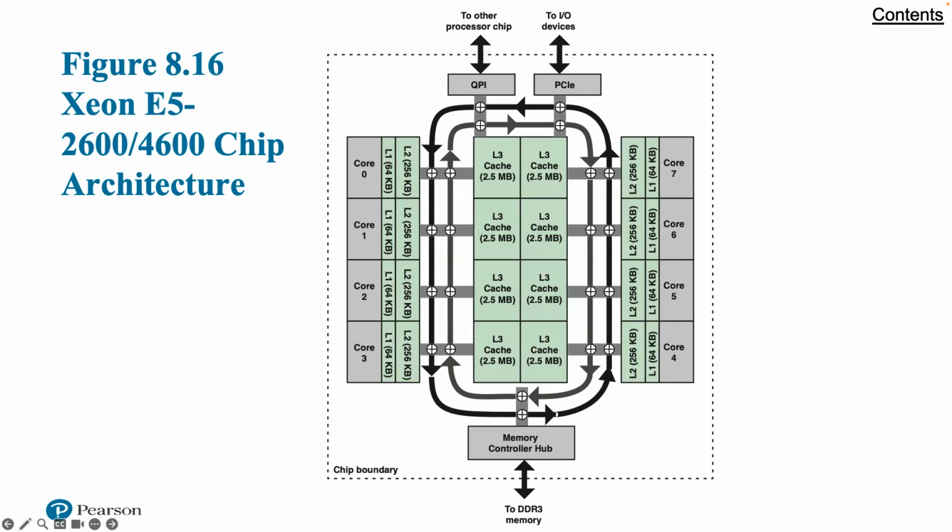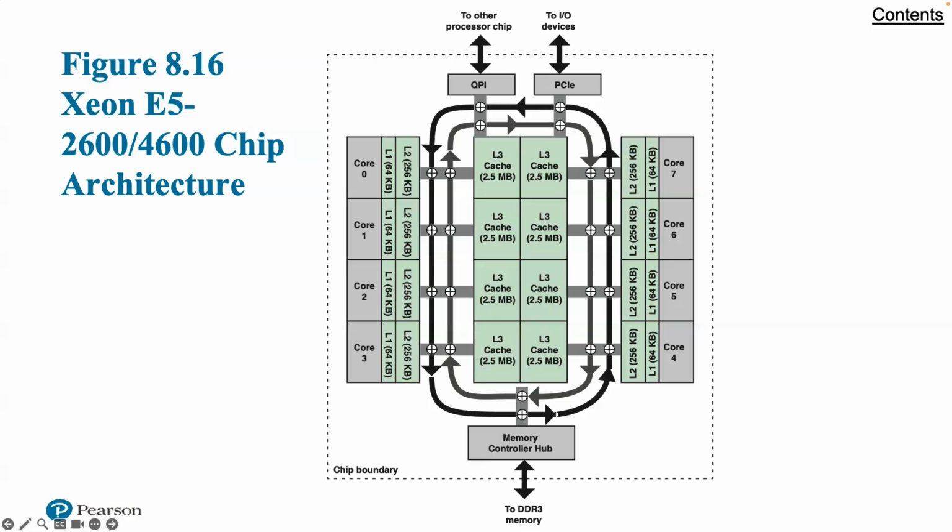In essence, the ring operates as follows. One, each component that attaches to the bidirectional ring, QPI, PCIe, L3 cache, L2 cache, is considered a ring agent and implements ring agent logic. Two, the ring agents cooperate via a distributed protocol to request and allocate access to the ring in the form of time slots.